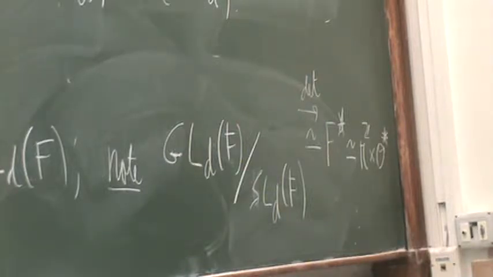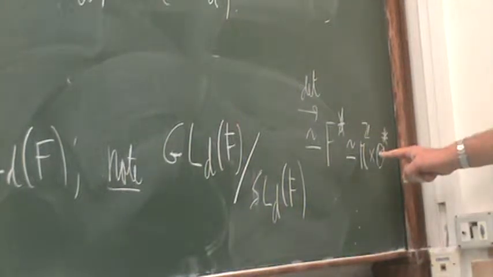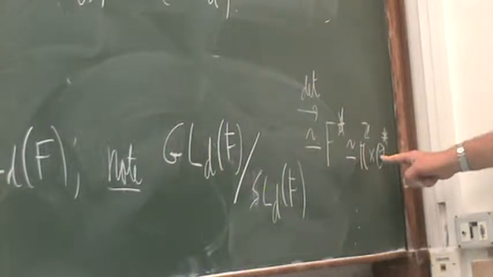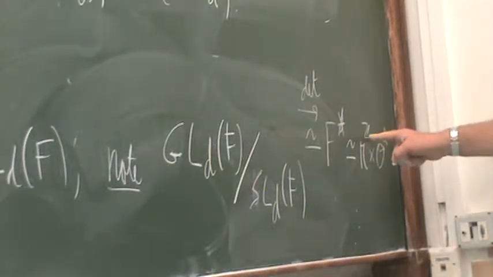Okay. Now, what happened to the valuation? On O star, the valuation is 0. On pi to the Z, the valuation is exactly what you read in the exponent.